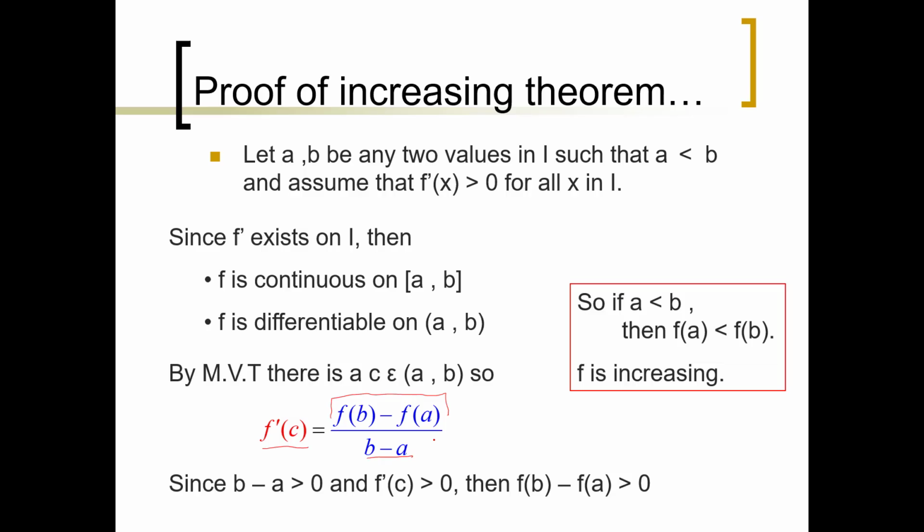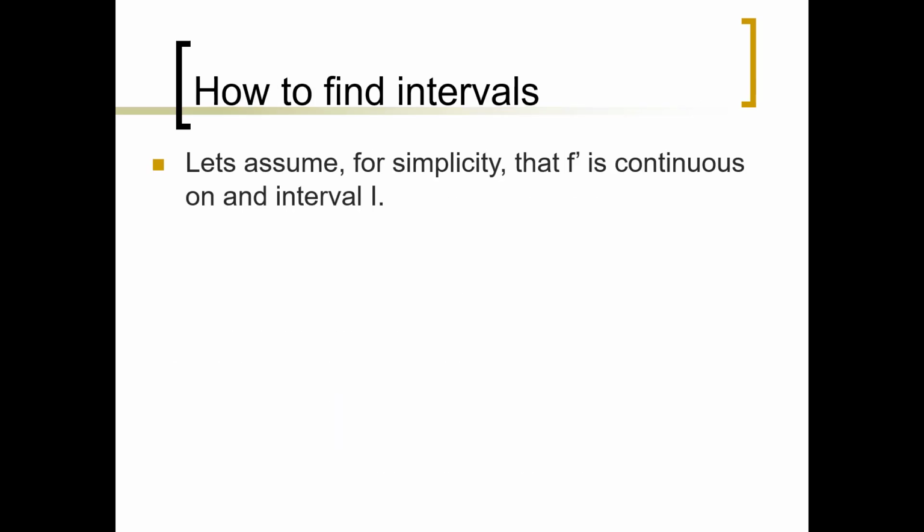So we get this nice result that if a function's derivative is always positive on an open interval, then the function is increasing that entire time. So how do we find the intervals where the derivative is positive and where it's negative? Because that will tell us where the function is increasing or decreasing. Let's assume, for simplicity, that the derivative is itself continuous on some interval.